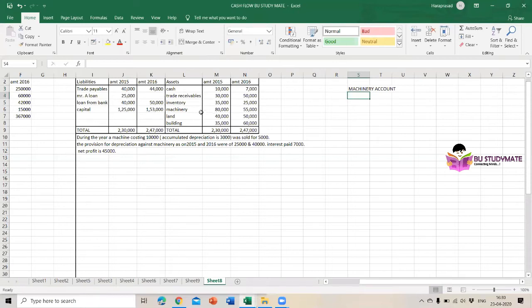Because in the question they have given 80,000 as the opening balance, and they have given the depreciation amount also. The provision for depreciation against the machinery in 2015 is 25,000 rupees. So we have to write down 80,000 plus 25,000.